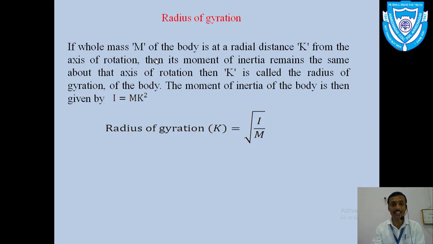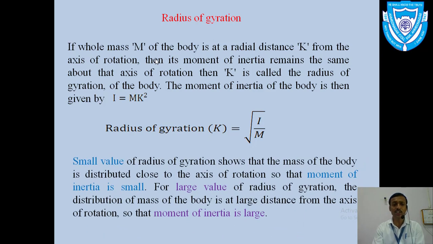Its physical significance: a small value of radius of gyration shows that mass of body is distributed close to axis of rotation, so moment of inertia is small. Small radius of gyration means mass is very close to the axis of rotation. So mass is distributed very close, so moment of inertia is also small.